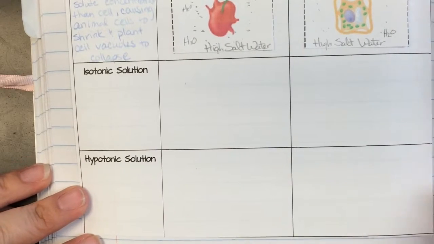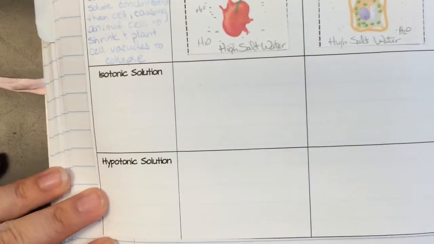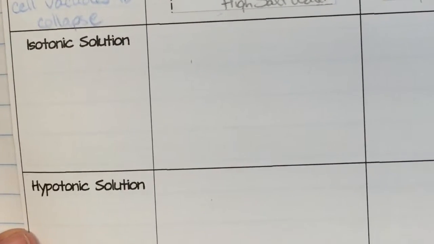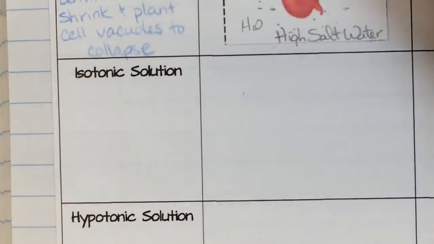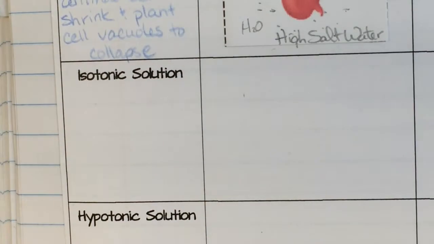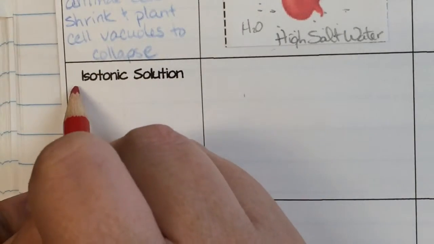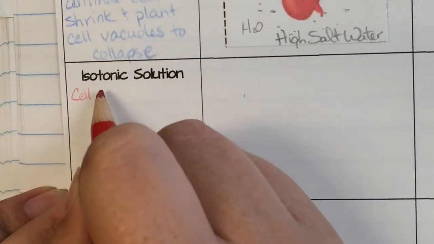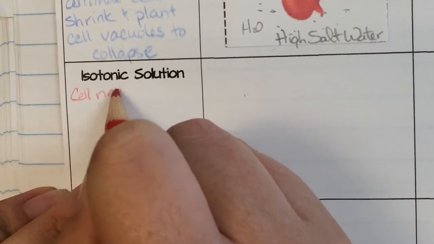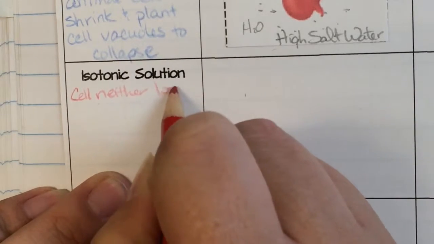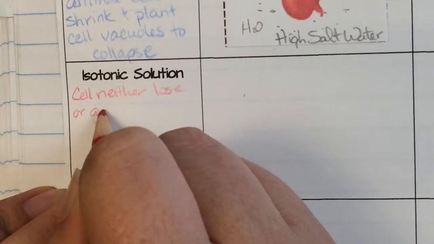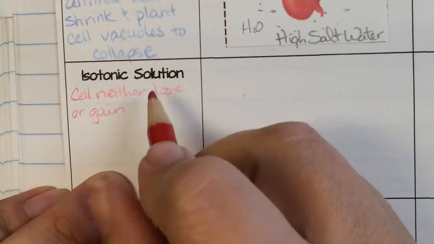On the next one, isotonic solutions. If you're in medical, you maybe sometimes see isotonic saline solutions, and that means in here that the cell neither loses or gains water.